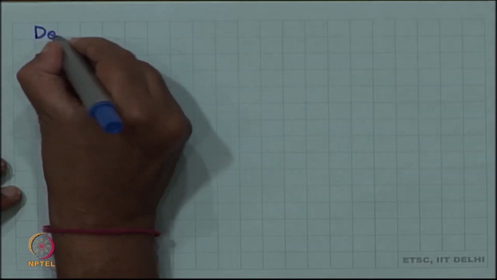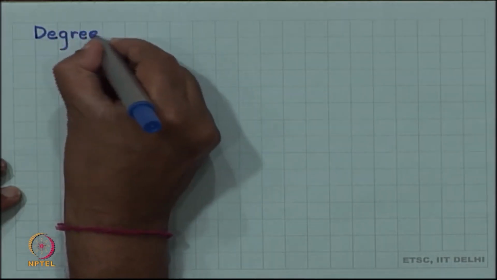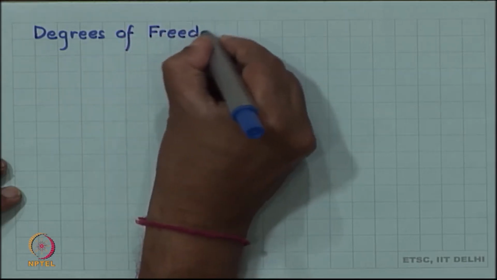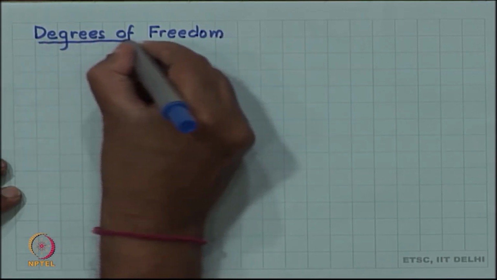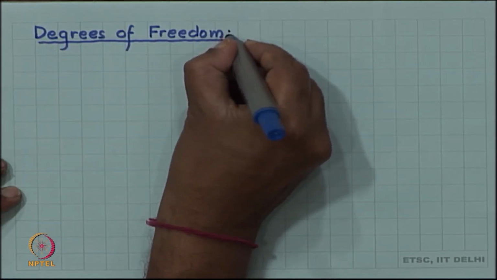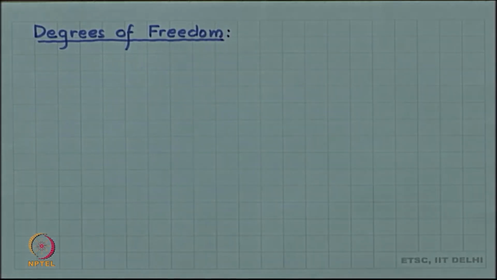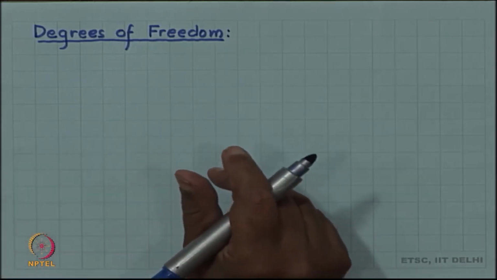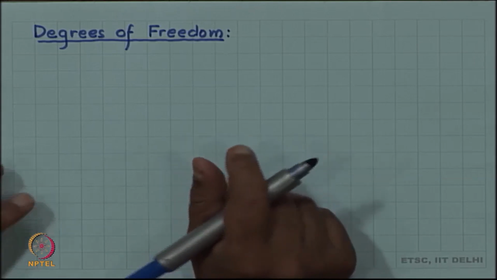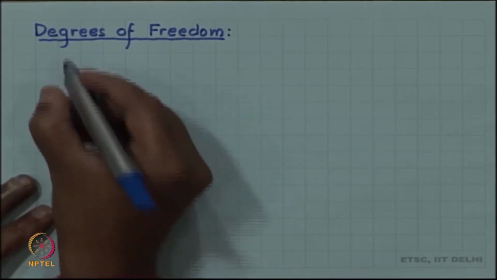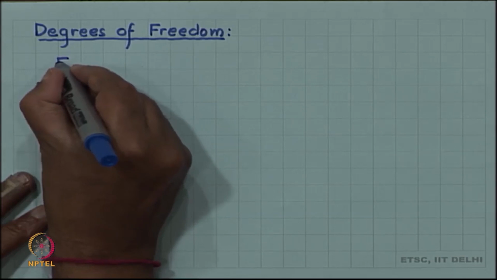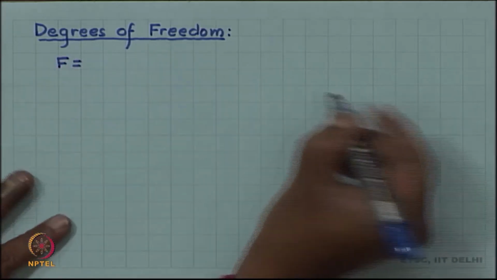Now we can talk of the degrees of freedom. So, there are certain thermodynamic relations between these V variables, because the phases are in equilibrium, there are equilibrium conditions. So, those equilibrium conditions then define the degrees of freedom.